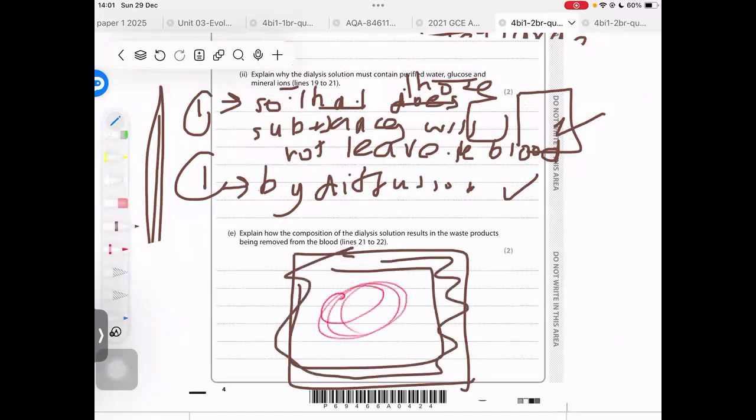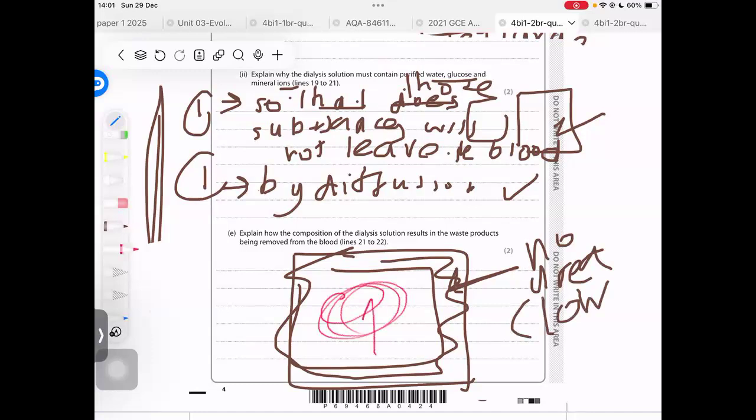In the dialysis fluid, there is no urea at all, or else you can write down that low concentrations of urea are present in the dialysis fluid. But inside the blood, there's going to be high concentrations of urea, right? Because the blood has traveled from different parts of your body and collected the urea excreted from your cells, and finally it comes into the dialysis machine to get purified, right?